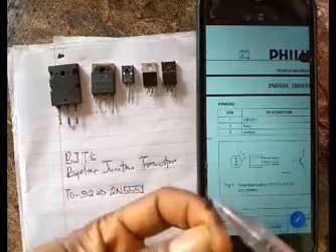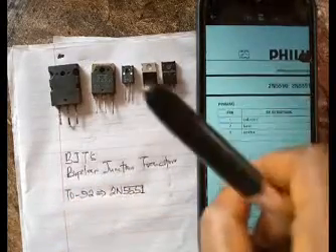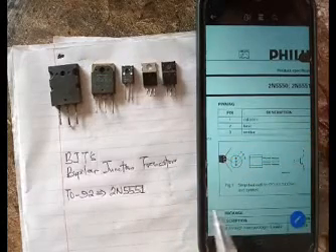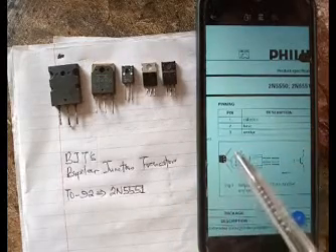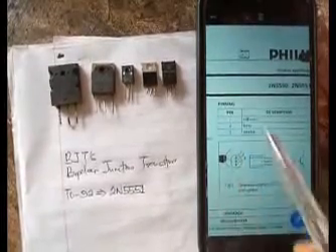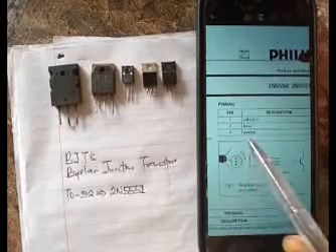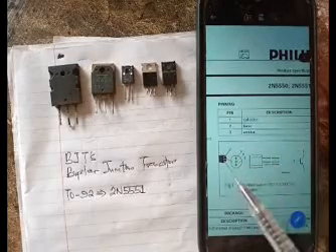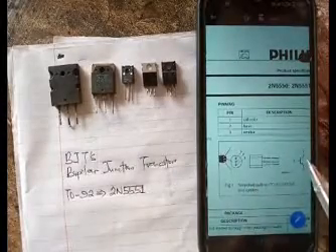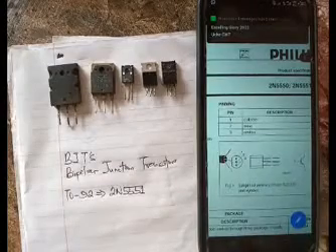If I'm looking at it from under like this, let's try to stand it there, beautiful. Now, if I'm looking at it from under, this is 1, this is 2, and this is 3. So 1 is your collector, 2 is your base, and 3 is your emitter. And of course, we know that this is the circuit symbol for a transistor.